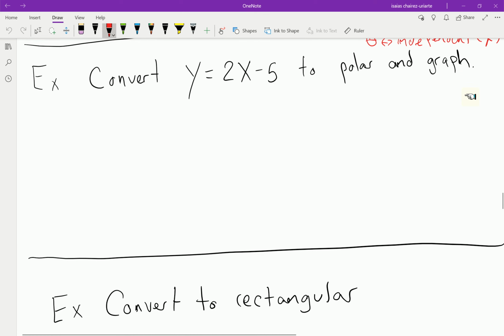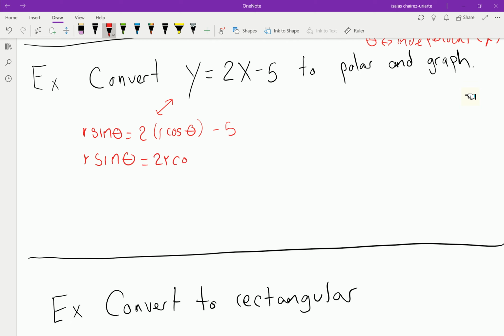So this is going to say r sine theta is equal to 2 times r cosine theta minus 5.